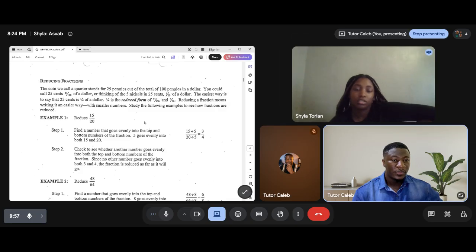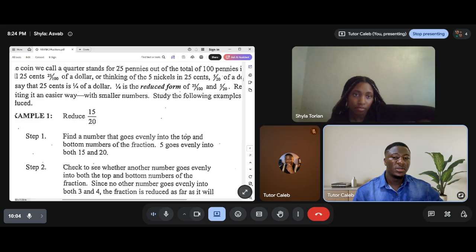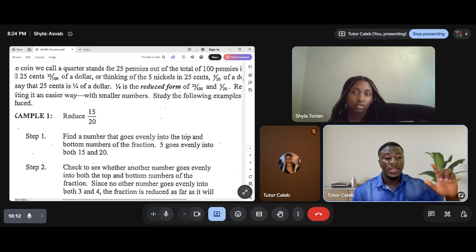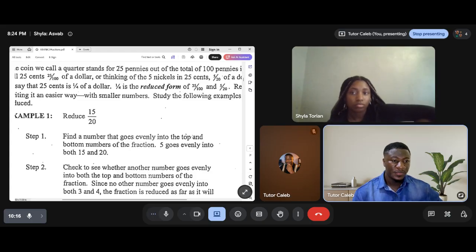Yes. Perfect. Now, look at this example. We have 15 and 20. They say reduce 15 over 20. What is the meaning of reducing a fraction? You have to bring it down to a point that there are no more common factors between them, apart from one. That's when you have reduced it to the lowest form.